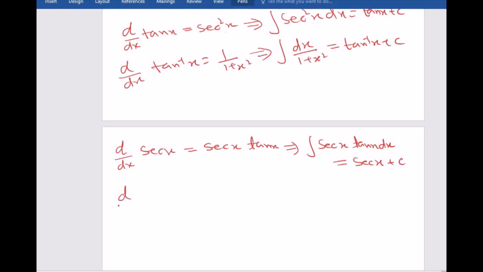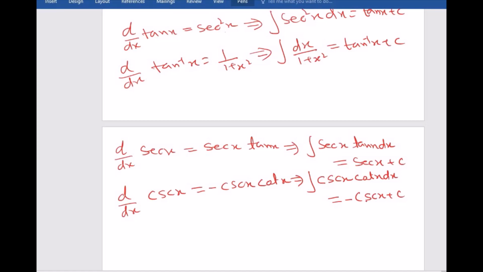Similarly, d/dx of csc x is equal to minus csc x cotangent x. Using the reverse process, the integration of csc x cotangent x dx is equal to minus csc x plus c. Why am I writing minus here? Because I am using the plus terminology, so this minus will shift here by simple algebra.